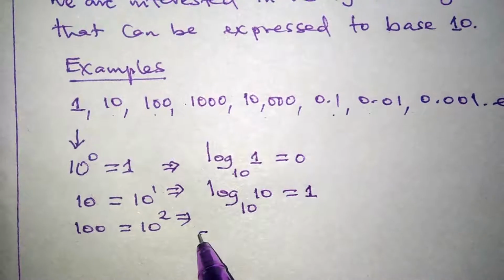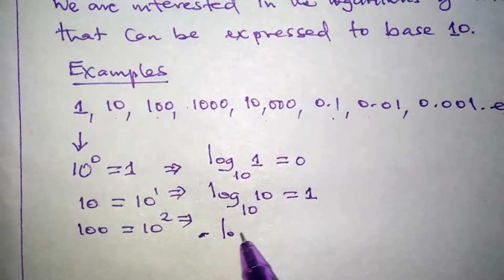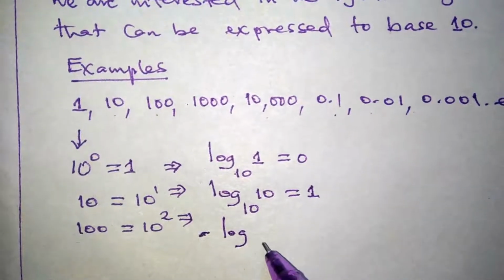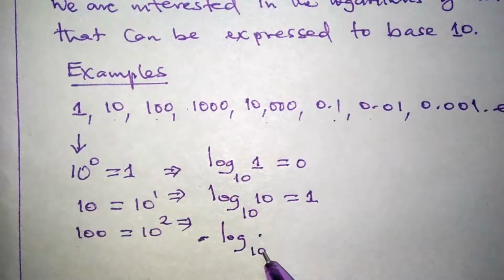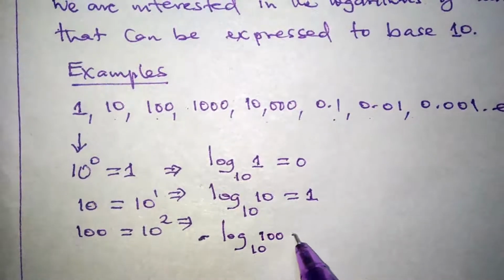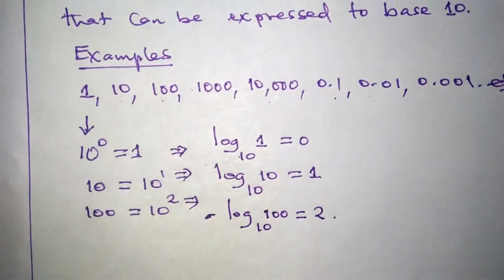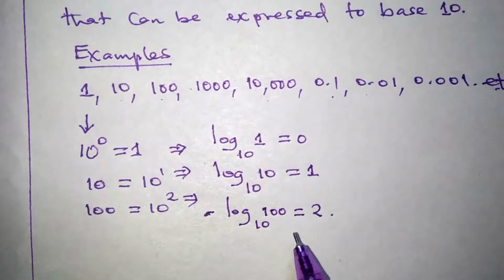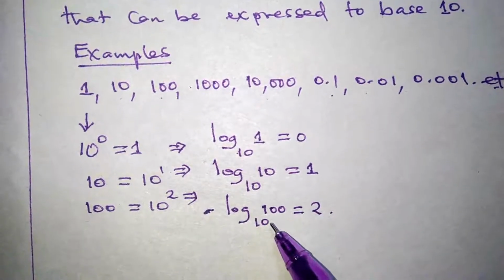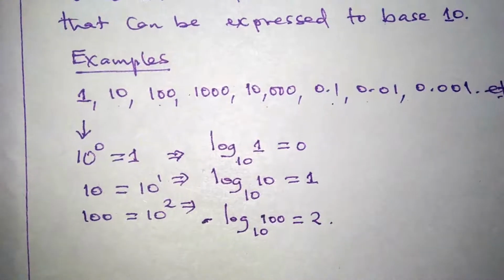This other one is simply log to base 10 of 100 is equal to 2. So 2 is the log of 100 to base 10.